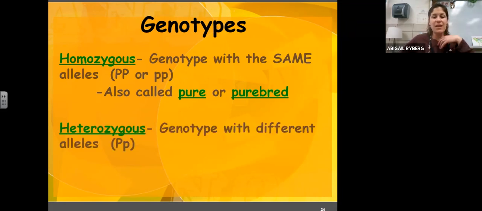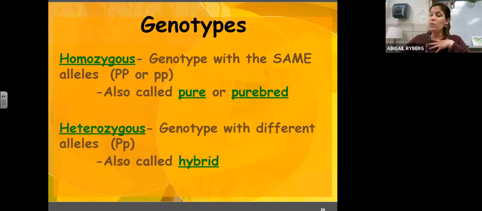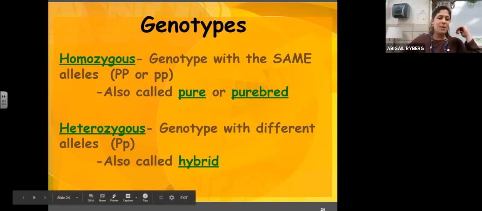And then heterozygous is a genotype with different alleles. Hetero means different. The only possibility with heterozygous, always, is a big and a little, because they have to be different. So big P and little p. We also call this hybrid. I'm going to throw those words at you as we move along. I may call it a hybrid individual, and you'll have to know that that individual would be big, little.